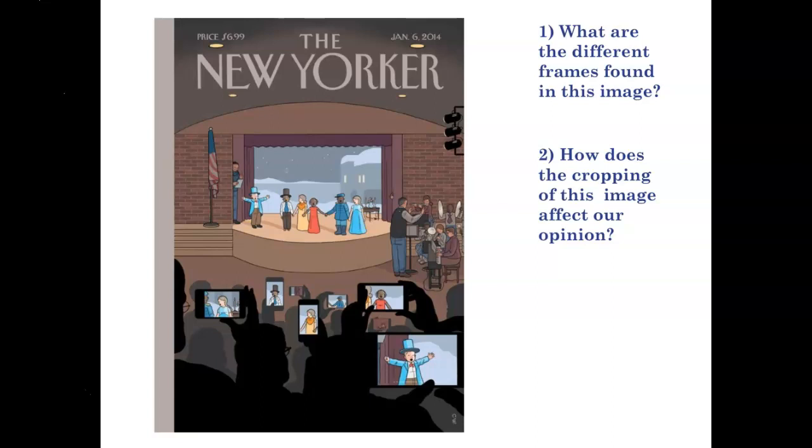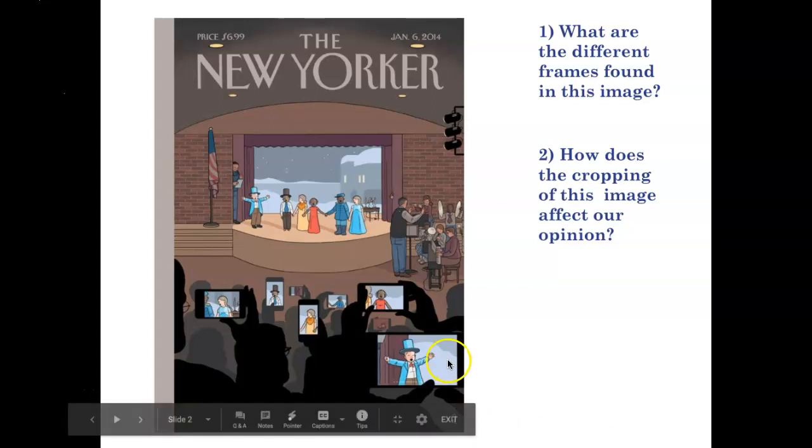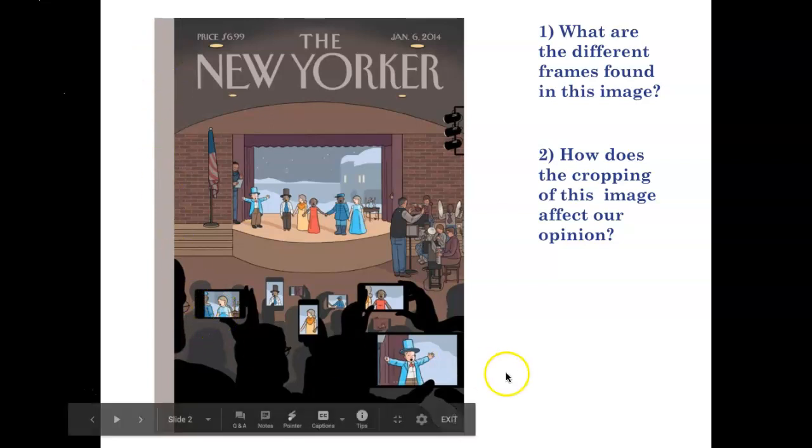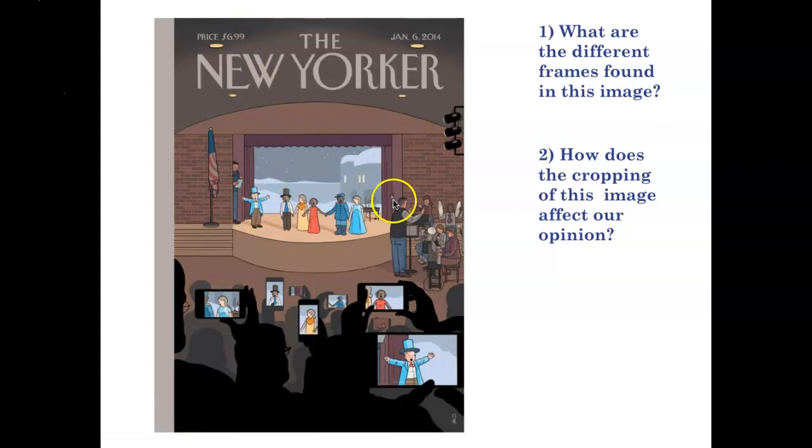So anyway, if we're looking at this cover, we can take a look at some of the terms that we were talking about in the last lecture. So what are the different frames found in this image? Now you'll notice that there's lots of frames, right? You have all the different frames that are existing on these tiny screens, and you have the frame of this whole cover, but then you also have the frame of the stage, right?